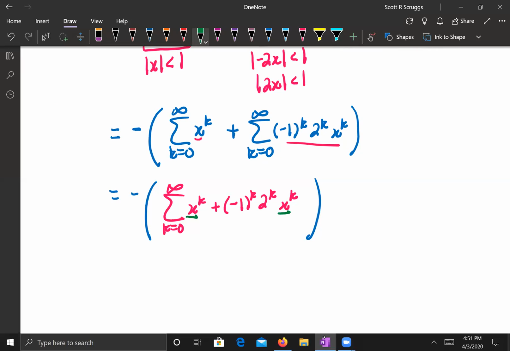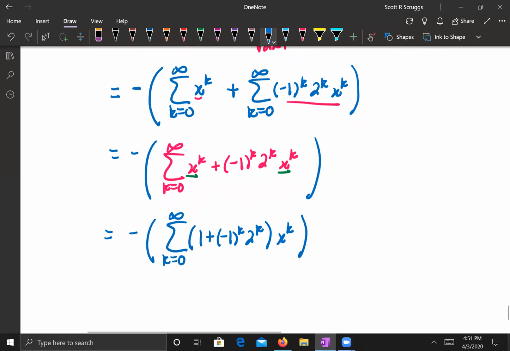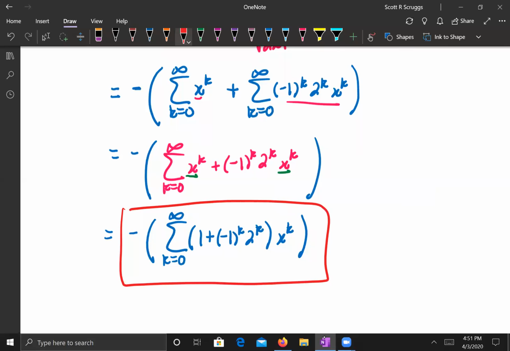So I can factor that out to give me, for my final power series representation, the sum k goes from 0 to infinity of 1 plus negative 1 to the kth power times 2 to the kth power, times x to the kth power at the very end. And there's my lovely power series representation for that.